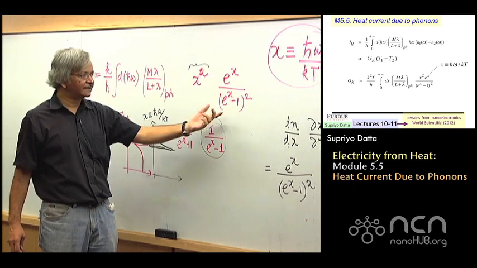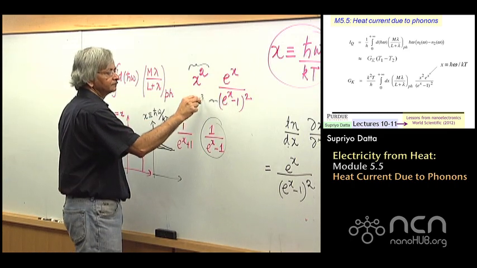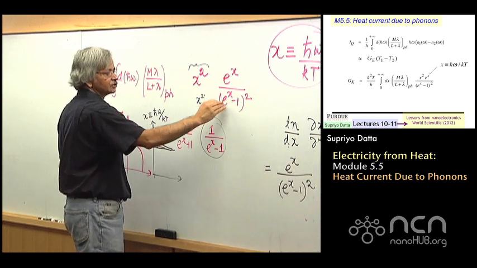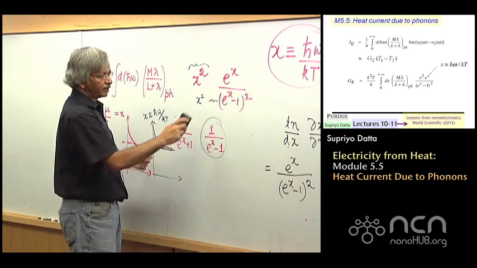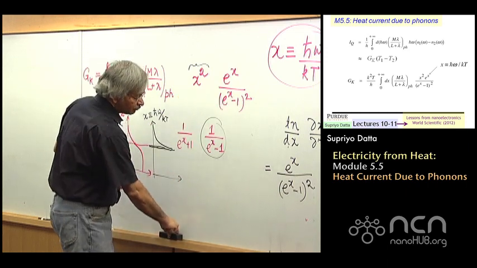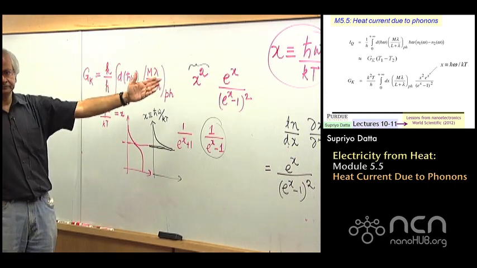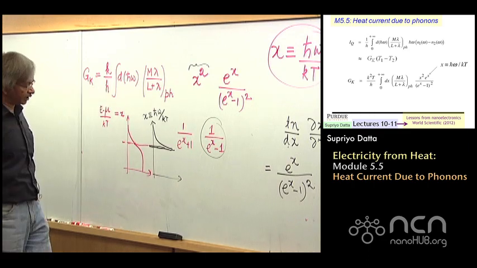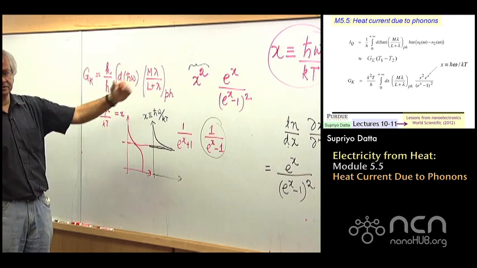For small x, e to the power x minus 1 is like x. And so this is like x squared, and it just cancels out and becomes independent of x. So it goes to a finite limit. So you can easily evaluate this quantity numerically, and this is what the theory would say about how you could find the conductivity due to phonons.